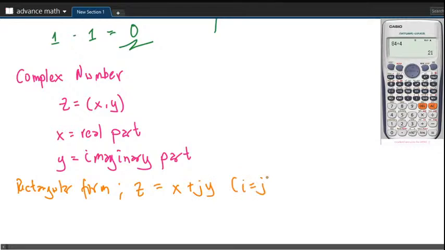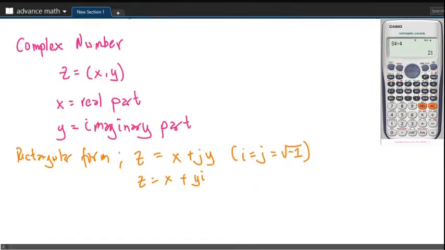So i and j are equal, which is equal to the square root of -1. Usually if we put j before our variable we use j, but if it is after our number we use i. We could also write this as x plus yi, but usually we will use j, especially if we are going to have an analysis.